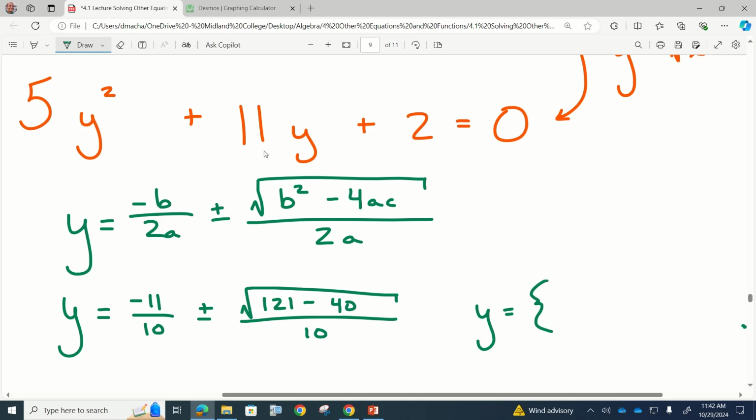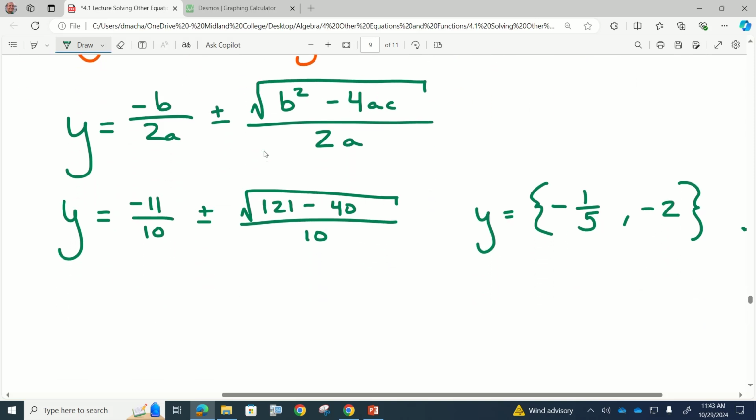The square root of 81 is 9. Oh, I took too many square roots. So it's negative 11 over 10 plus 9 over 10. That's negative 2 over 10. Of course, 2 over 10 simplifies to 1 over 5. And then the other one is negative 11 over 10 minus 9 over 10, which is negative 20 over 10. And that simplifies to negative 2. Okay, so I've got these two solutions. I can write y equals negative 1/5, and also another solution is y equals negative 2.